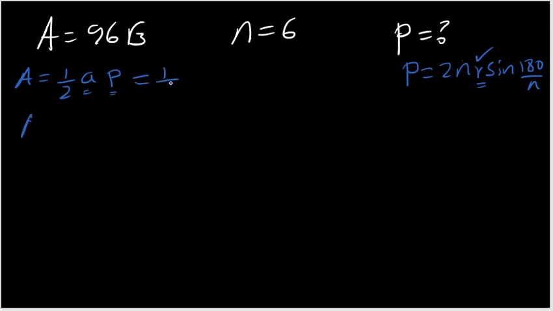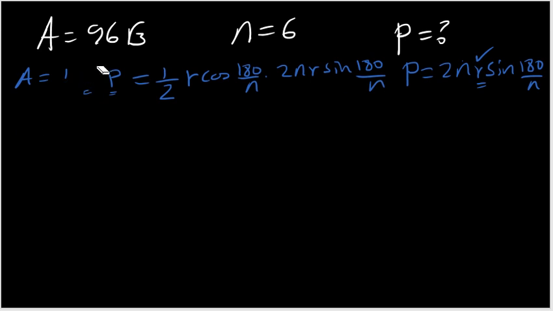It can be written as half times apothem, which is r cos 180 over n, and perimeter, which is 2nr sine of 180 over n.